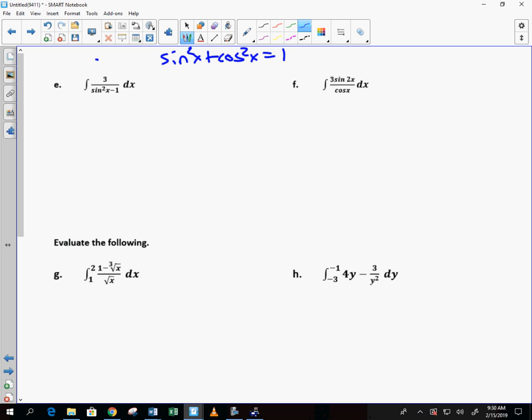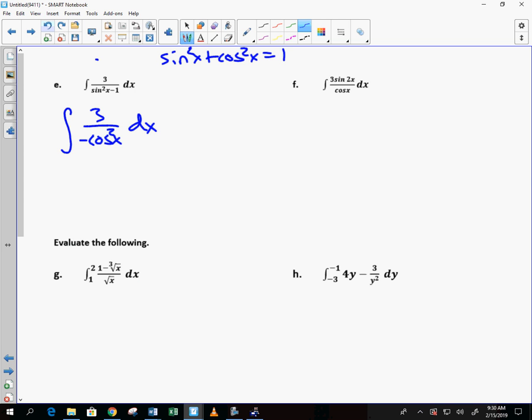So that means that sine squared minus 1 is the same as not cosine squared, but negative cosine squared. So this becomes 3 over negative cosine squared of x dx.